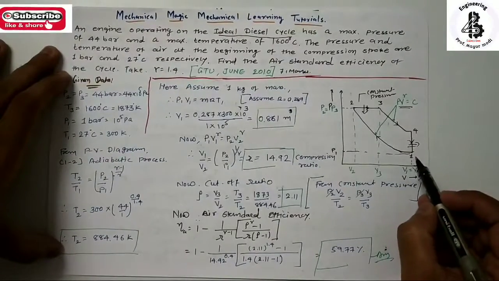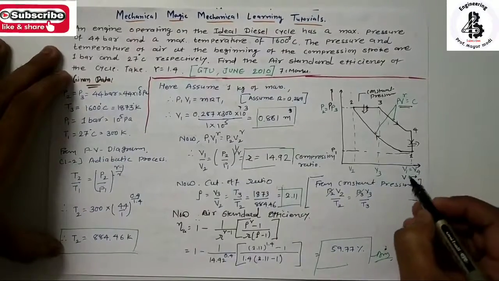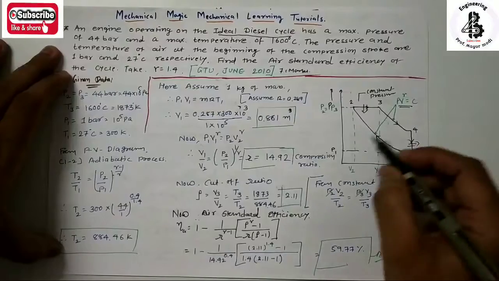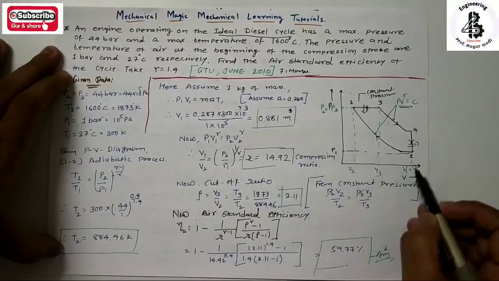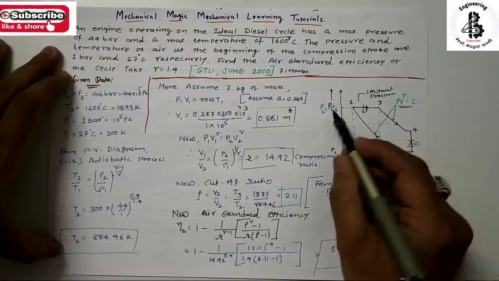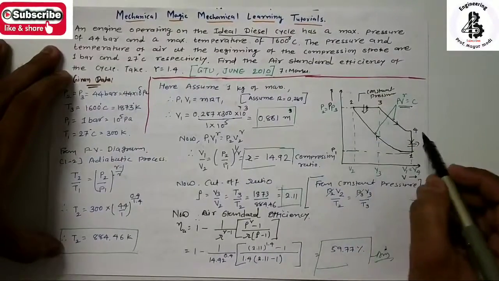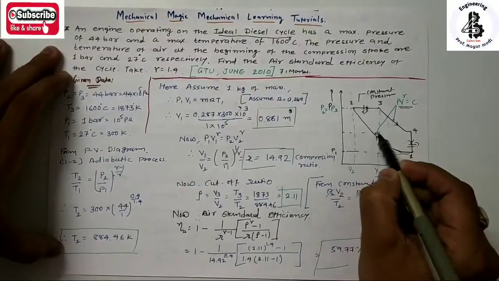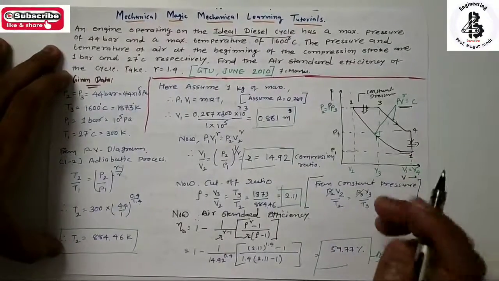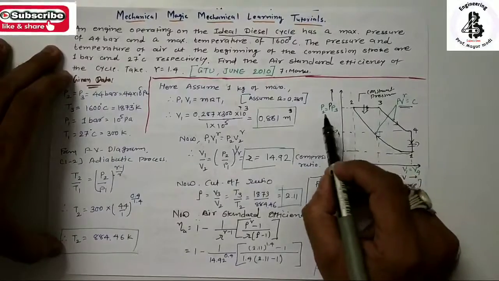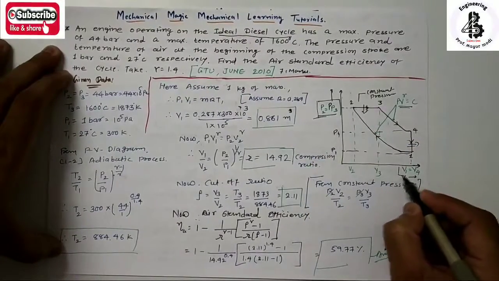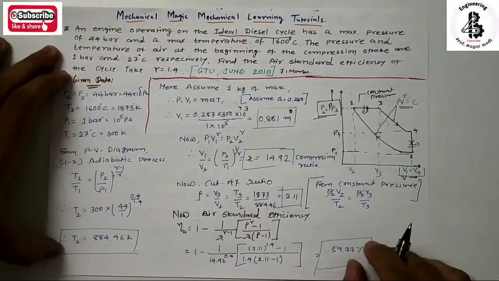So for the constant volume, V1 equals V4. According to all the 4 points, P1 V1, P2 V2, P3 V3, P4 V4, in that ideal cycle you can see that P2 equals P3 and V1 equals V4.